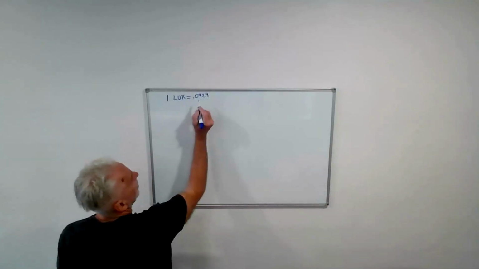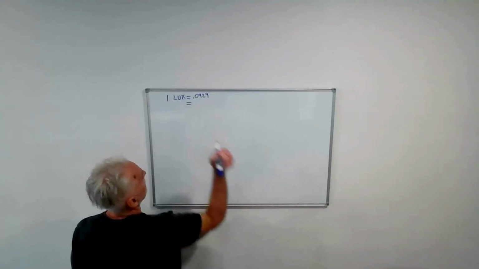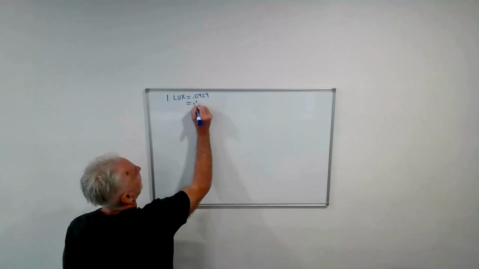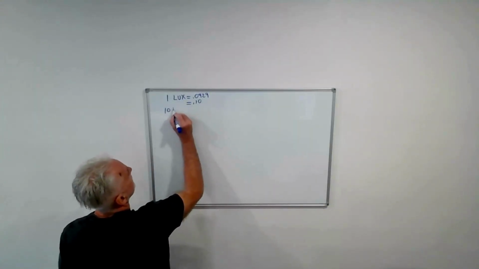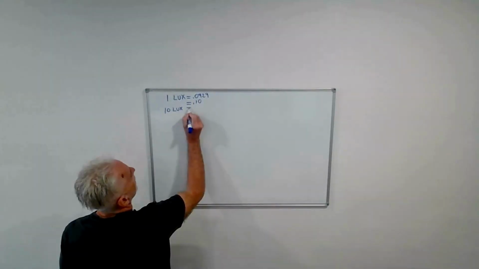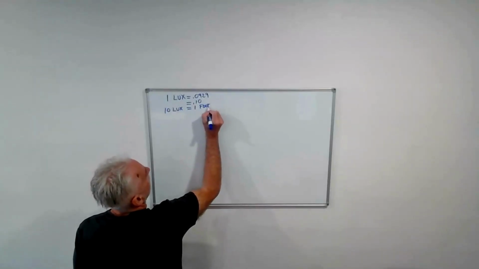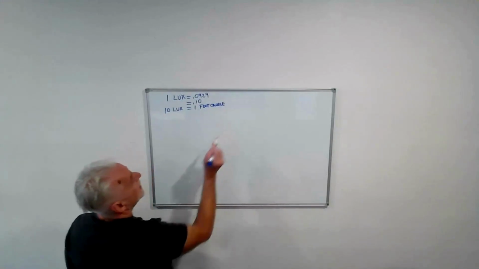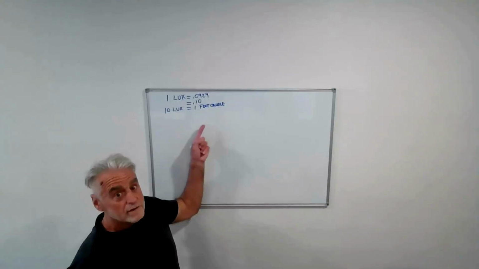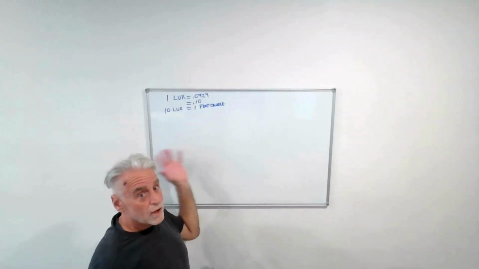So on this, because we're so close to 10%, to make it easy on ourselves, we're going to round this up to 0.10, or we could say 10 lux equals 1 foot candle. All right? We tend to gravitate towards foot candle more than lux. We use feet and inches over meters.